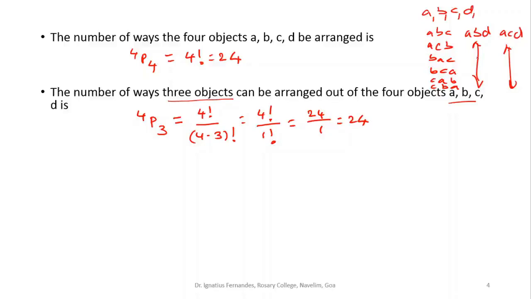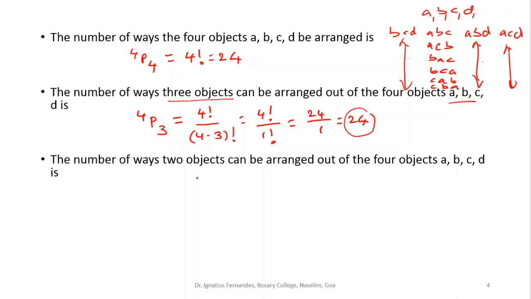And obviously that will be true. With A, B, C I have 6, with A, B, D another 6, with A, C, D another 6, and with B, C, D I'll get another 6. So 6 plus 6 plus 6 plus 6, I'll get 24 patterns. With the permutation formula, we can know the answer directly.